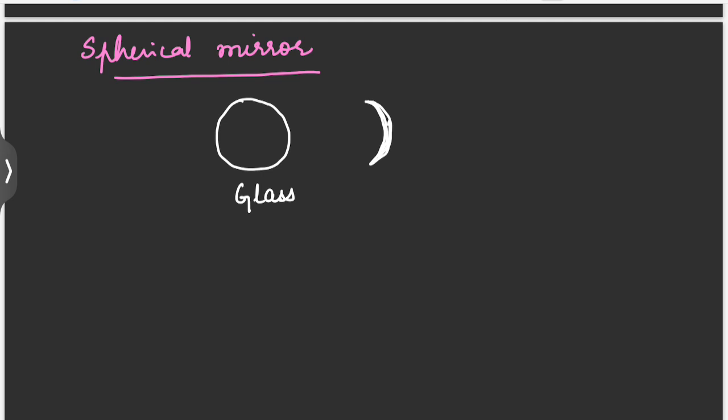Then to get a mirror, you have to coat one side of the glass with silver coating. So this is called silver coating. On one side, you can see this is inside and this is outside the glass. On one side we are going to give a coating like this. The coating we are going to do is silver coating.